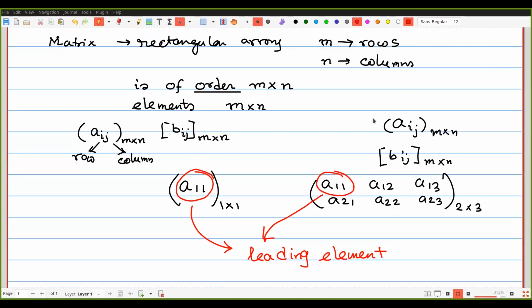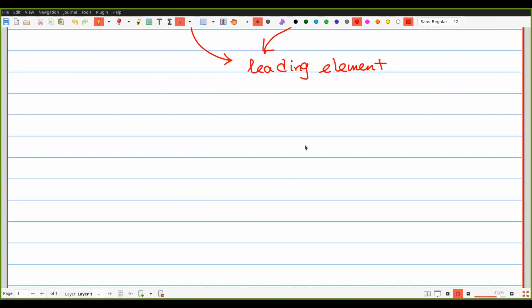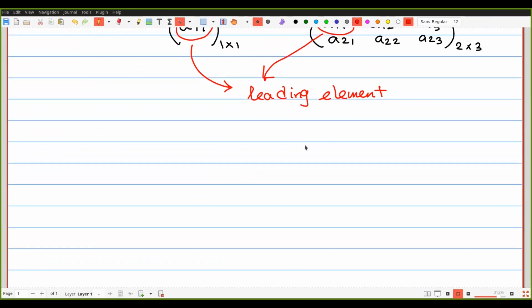Next, when we are proceeding with matrices, there are some different types of matrices also. The very first one is called the row matrix. Another one is called the column matrix.